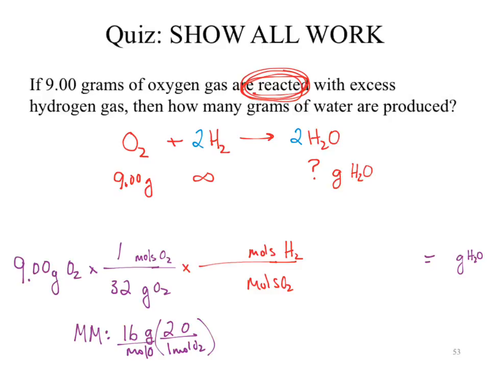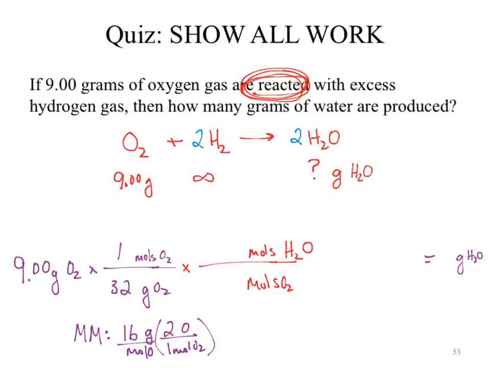Does that get me closer to my answer? What do I want for my answer? H2O. So does converting to moles of H2 help me? It's not wrong. I can still use this. But ultimately, what do I want to get to? H2O. So instead of going to H2, let's whole hog it. Let's go straight on to H2O.